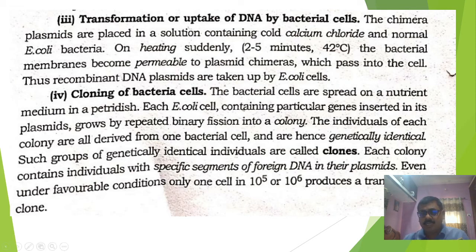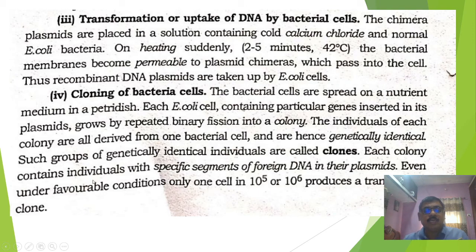The bacterial cells are spread on nutrient medium in a petri dish. Each E. coli cell containing a particular gene inserted into the plasmid grows by repeated binary fission into a colony. The individuals of each colony are derived from one bacterial cell and hence are genetically identical, and such individuals are called clones.